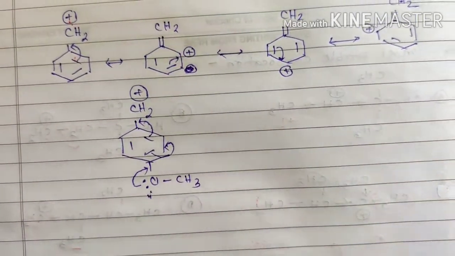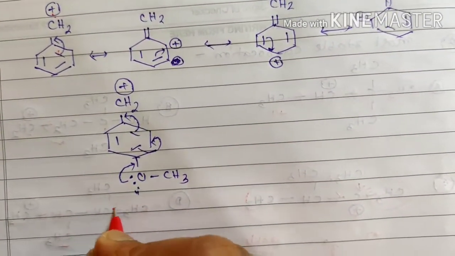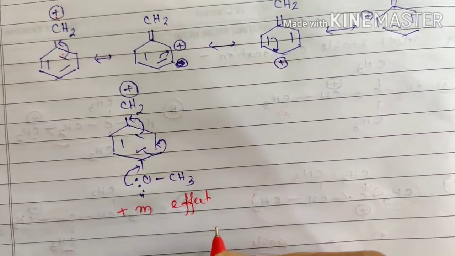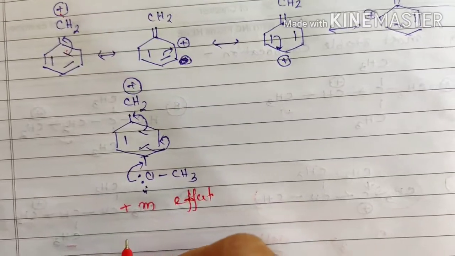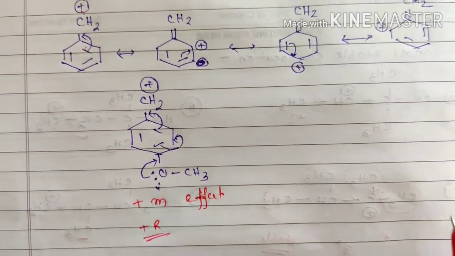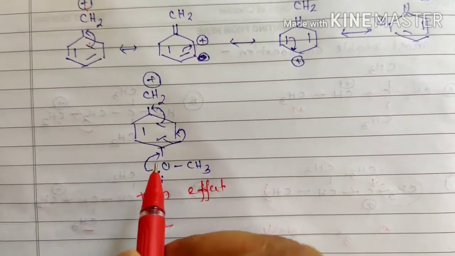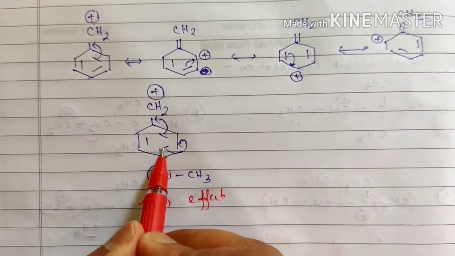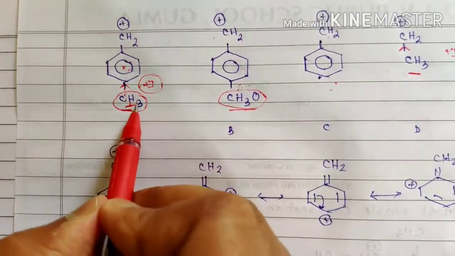This tendency is the plus M effect or plus R effect, you can say. It is the resonance stabilization. So with the help of this plus R effect, the electrons are being donated, which is much greater than this plus I effect.